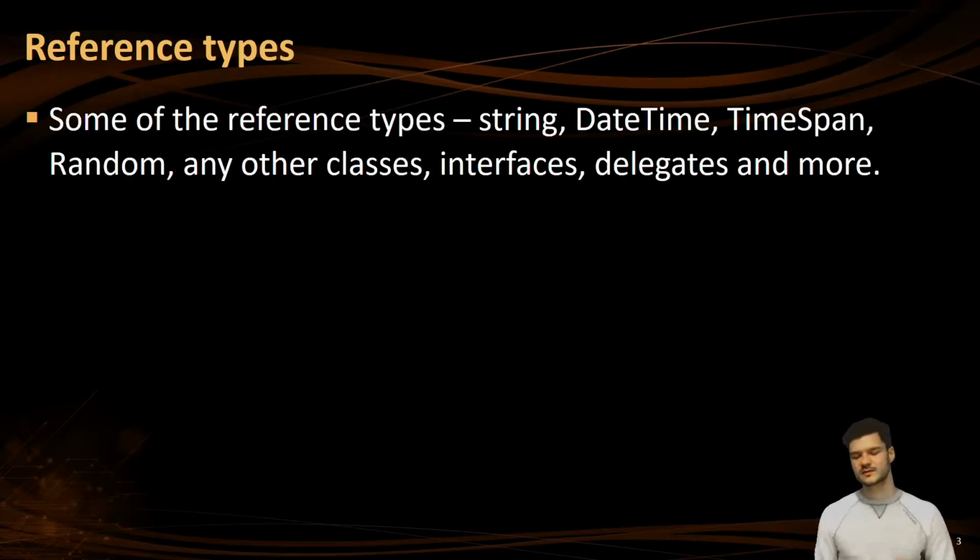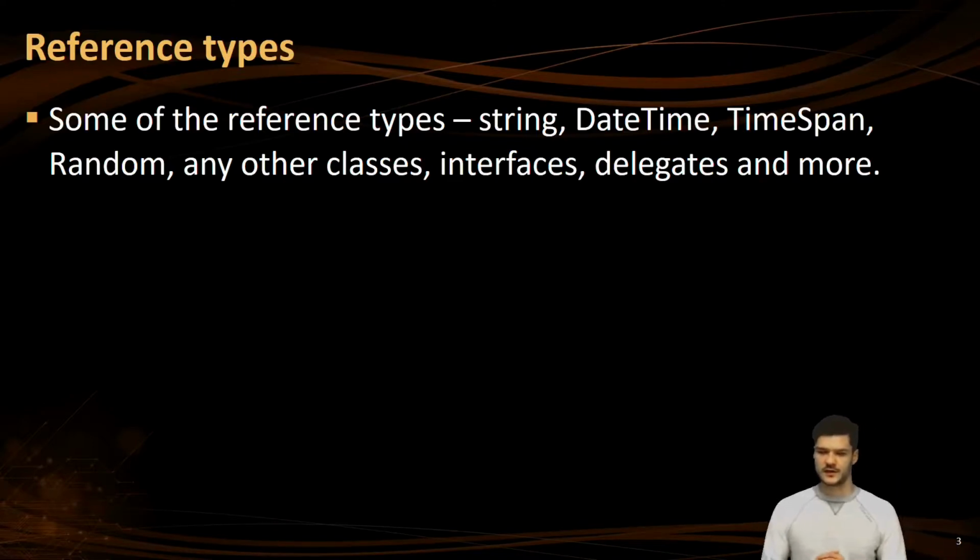Whereas in reference type, it's a bit different, because reference types are like objects, and it would be very inefficient to copy the whole object inside the method, because value types are of a very small length inside the memory.